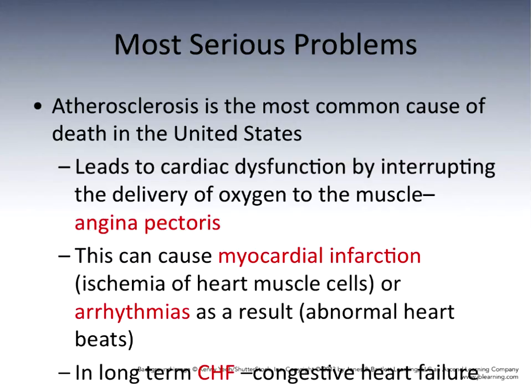The most important serious problems all have a relationship with atherosclerosis, and we talked a lot about this, that atherosclerosis is really an epidemic in the United States. It leads to cardiac and cardiovascular dysfunction. And why? We all know, because the heart is such a critical organ, it requires a lot of blood and oxygen to be delivered in order to maintain function, right?